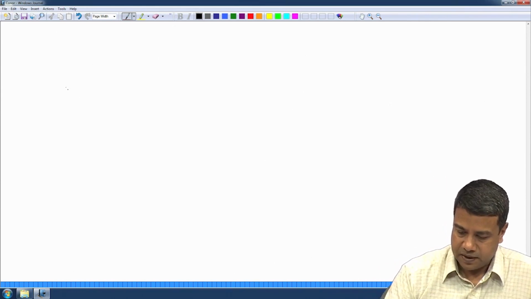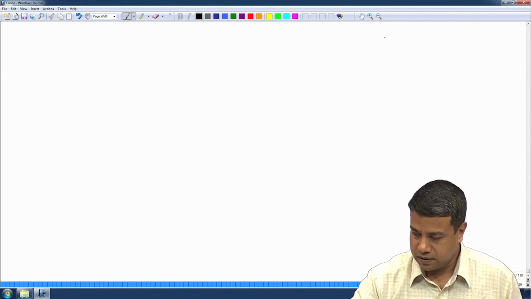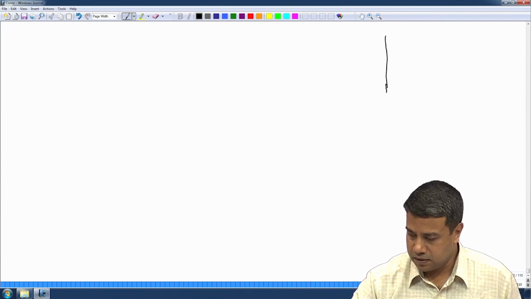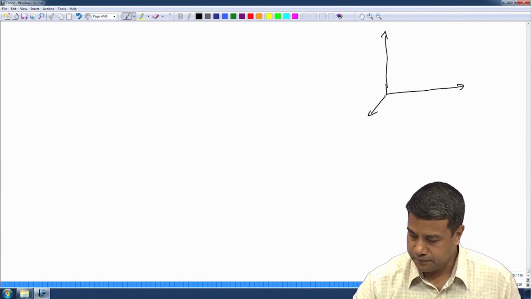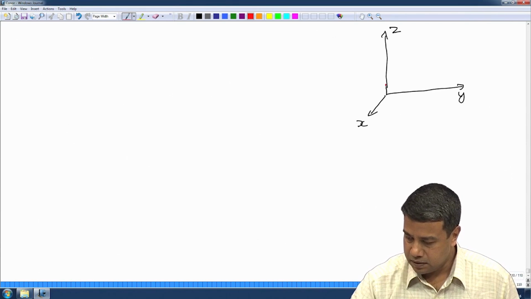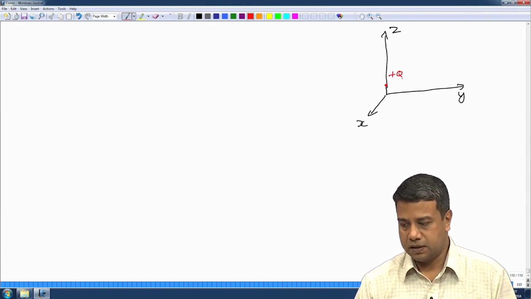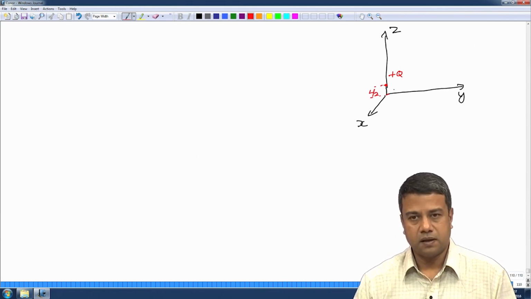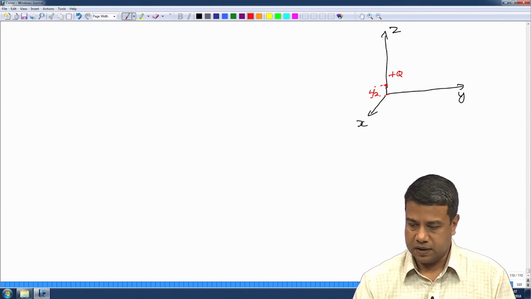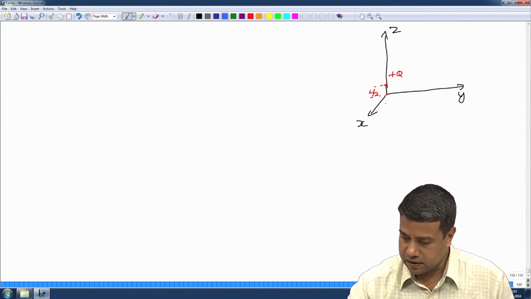For this, let us take a source, plus q, at a location L by 2 along the z axis, and then take a sink, minus q, at the location minus L by 2.